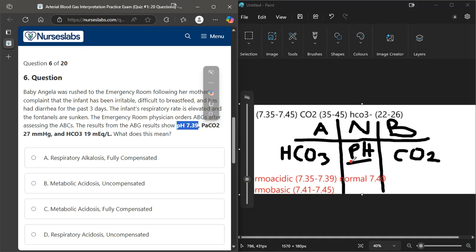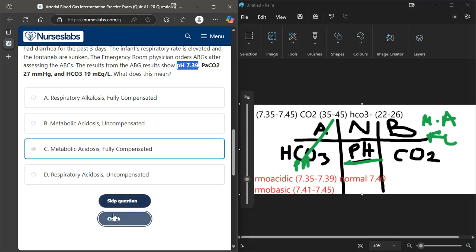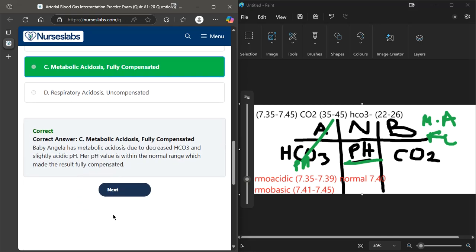So we are seeing our pH falling together with the bicarb. So pH with bicarb is a metabolic. In this case, we have a metabolic acidosis. And because pH is within the normal range, it is fully compensated. So what we're getting is a metabolic acidosis fully compensated. So just remember the normal ranges, and it gets a little bit straightforward from that.